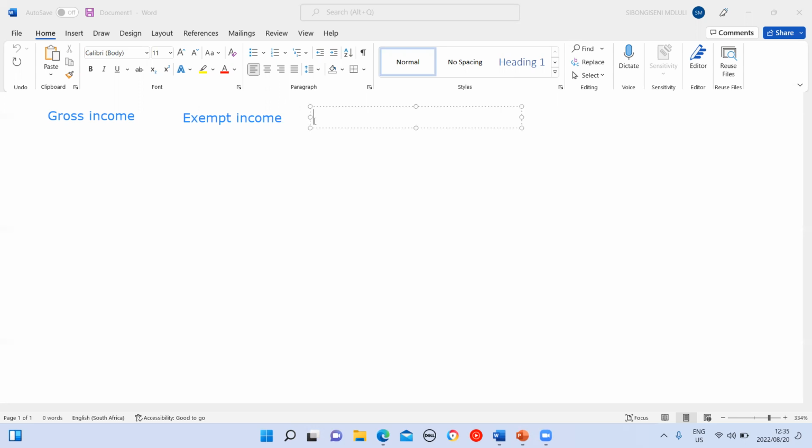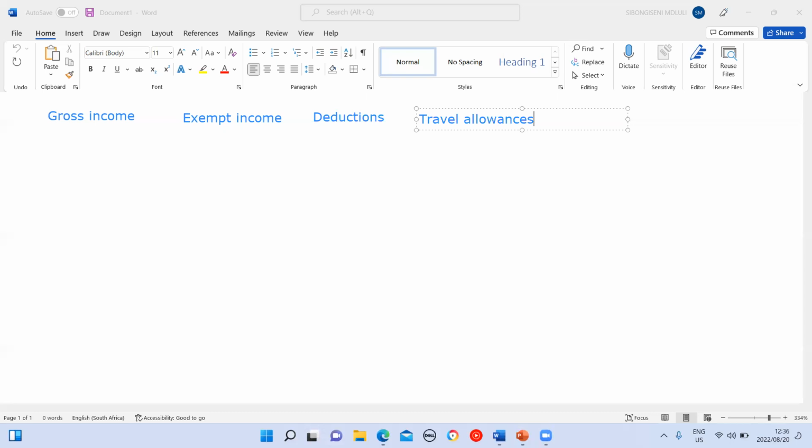Then you'll have your debt deductions, and then you'll have your travel allowances. The others are your taxable capital gains, your Section 11F deductions and your donations deductions, which we'll consider later because they are separate sections.